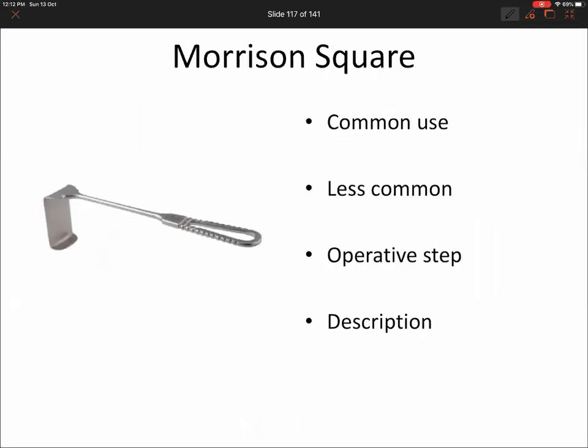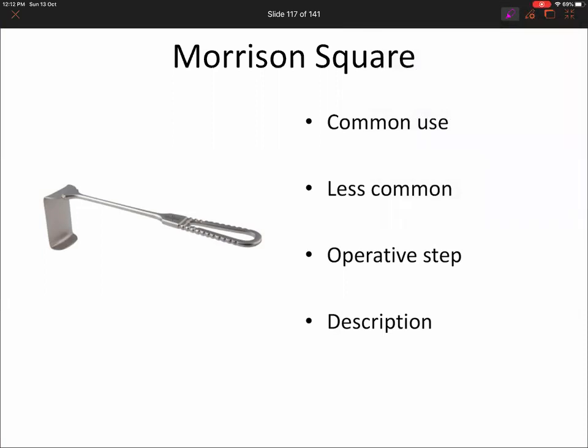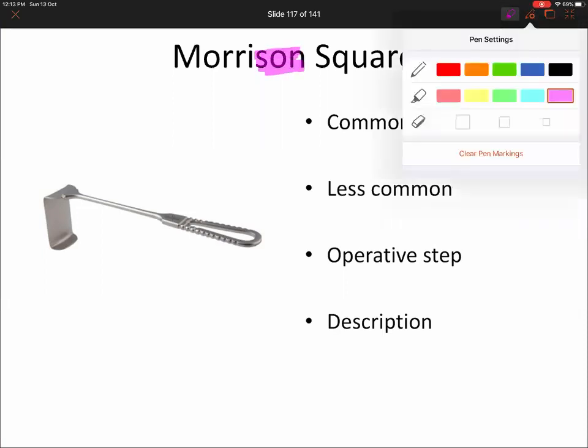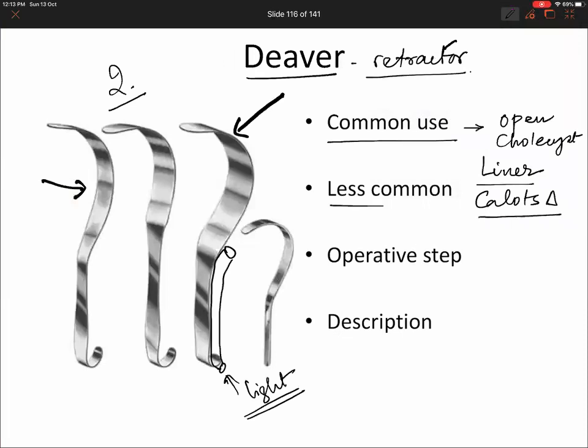Now, Morris's, it is called Morrison. There is a small mistake that is always made. It is technically called a Morris square retractor, not Morrison's square retractor. Which operation do you use this in? Both of them are less commonly used for other abdominal surgeries like hysterectomy, rarely for colectomies.